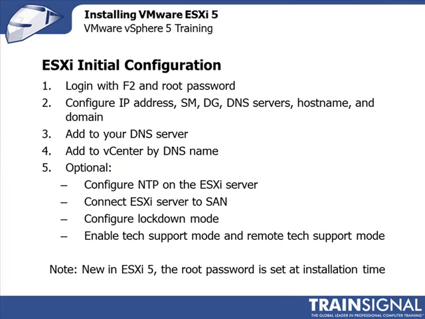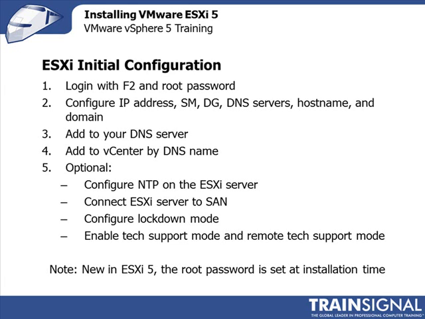While none of these initial configuration steps are absolutely required just to create a new virtual machine and power on that virtual machine, I highly recommend you perform these steps to ensure that you don't run into problems down the line. Basically, what we'll do here is log into the DCUI, or the Direct Console User Interface. That's the interface you see directly on the physical server console.